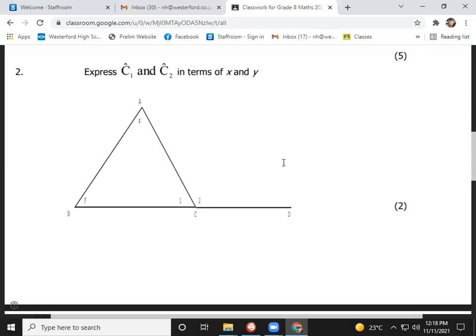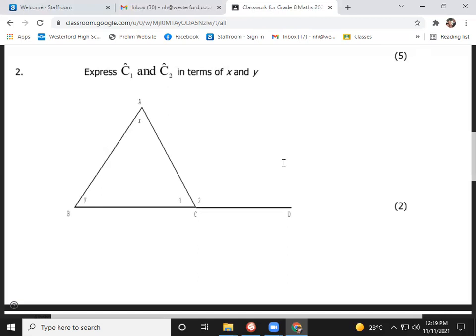Yes, so guys, you could use angles on a straight line, right? But like Joseph was saying, it's quite a long process. And then you have to say 180 minus this whole thing, and then you work it out. Could you just say C2 equals 180 minus C1? They're saying in terms of X and Y, so you have to have an X and a Y in the answer. But then you said the exterior angle of a triangle. Guys, let's try and remember that, because what is the exterior angle of a triangle equal to?